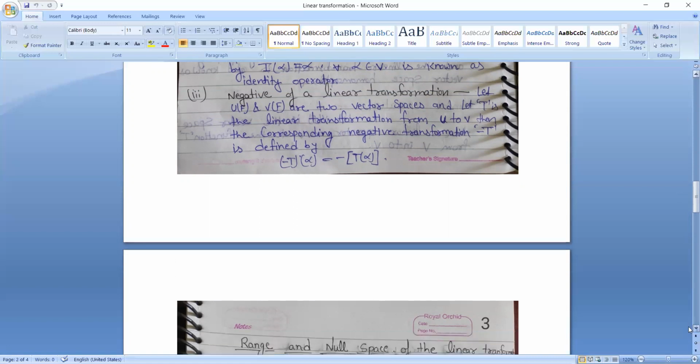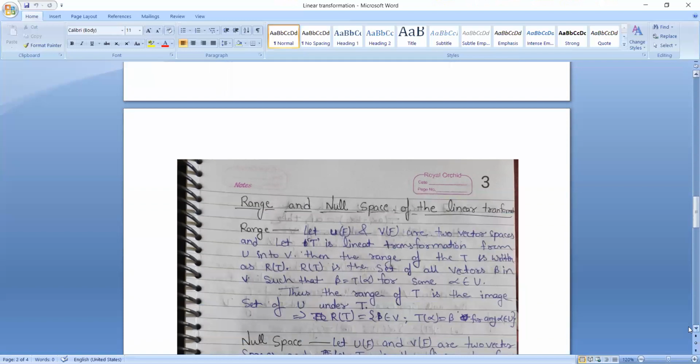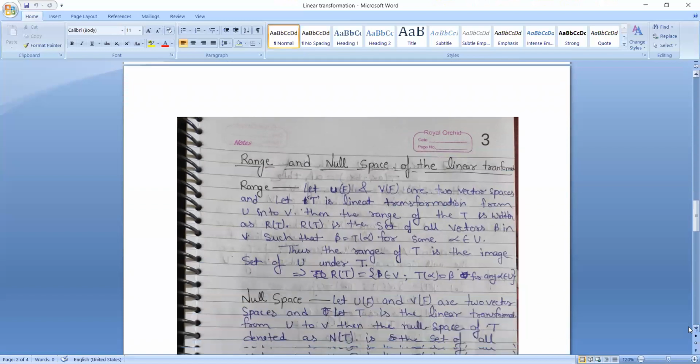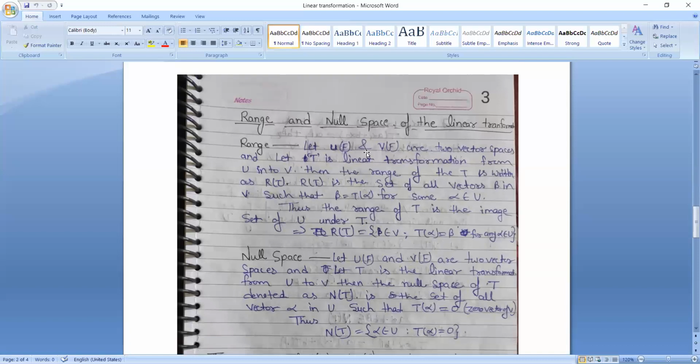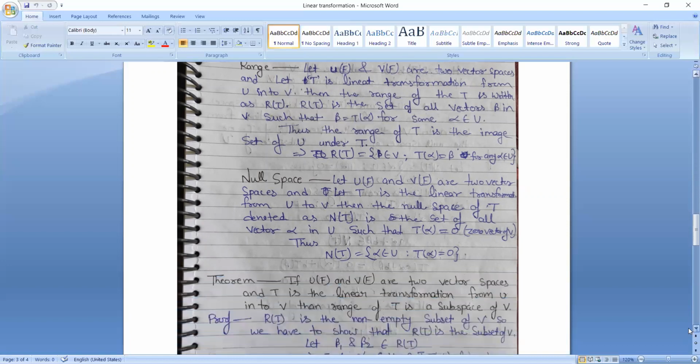Now, next, range and null space of a linear transformation. Range. Let U(F) and V(F) be two vector spaces and let T be a linear transformation from U into V. Then the range of T is written as R(T). R(T) is the set of all vectors β in V such that β = T(α) for some α belonging to U. Now null space.